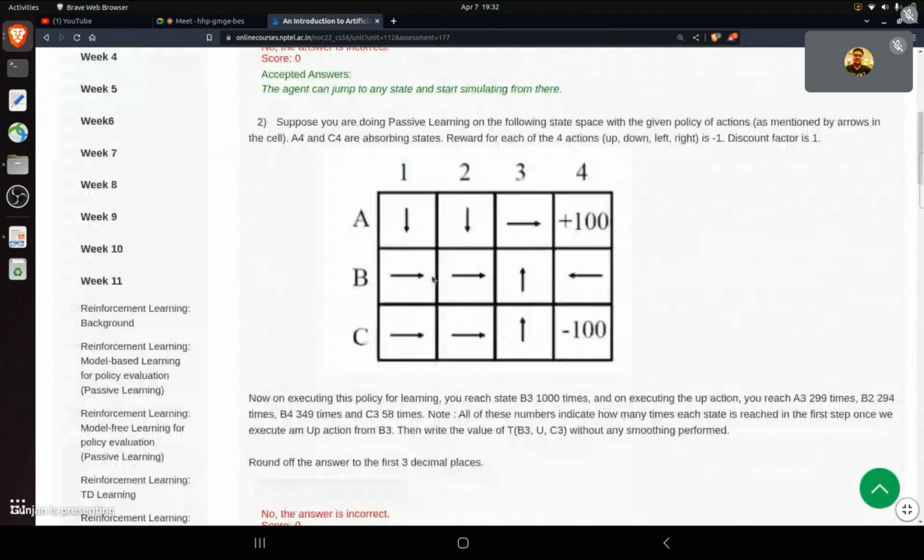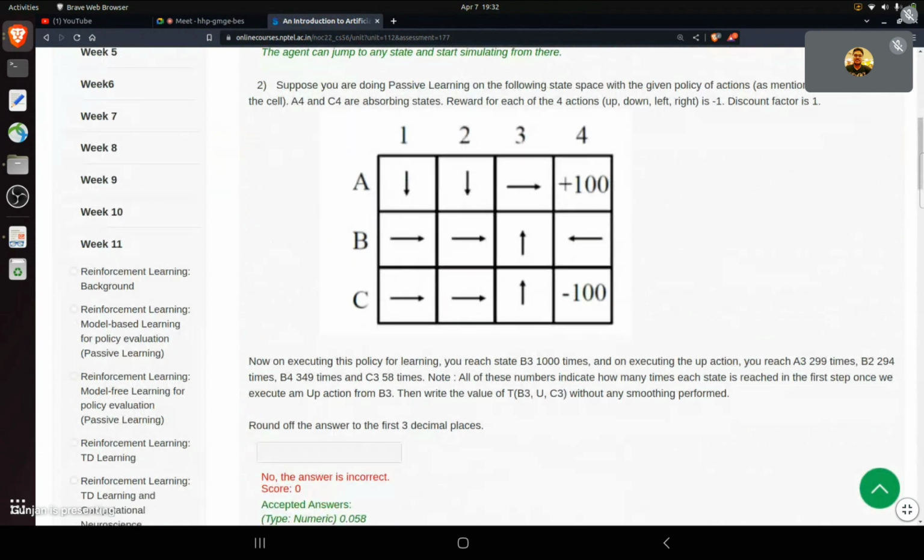Even before that, this one is on passive learning. You are given this diagram, and you are told that on executing the policy for learning, you reach state B3 1000 times. On executing the up action, you reach A3 299 times, B2 294 times, B4 394 times, and C3 58 times.